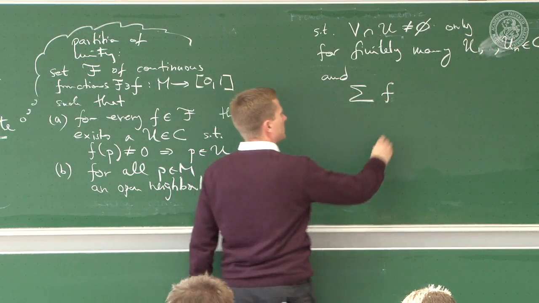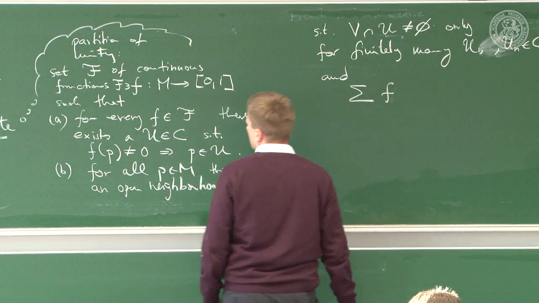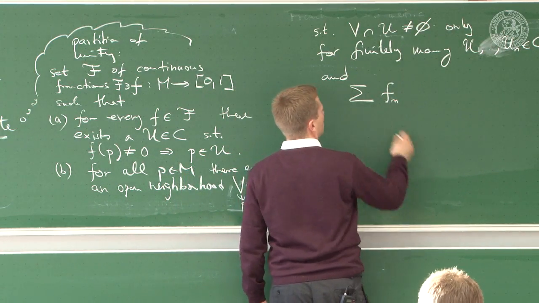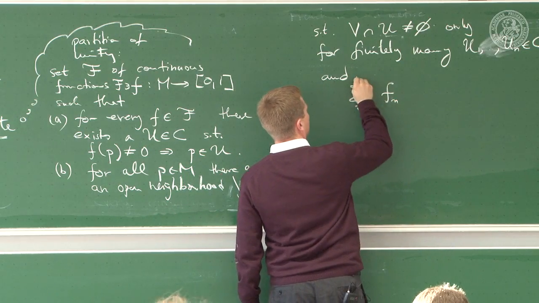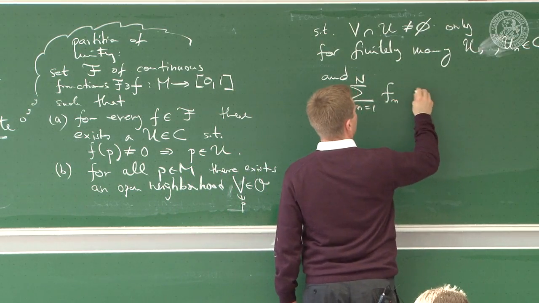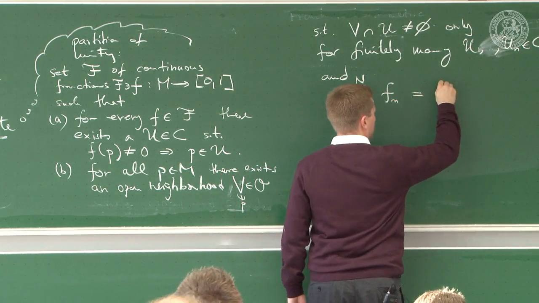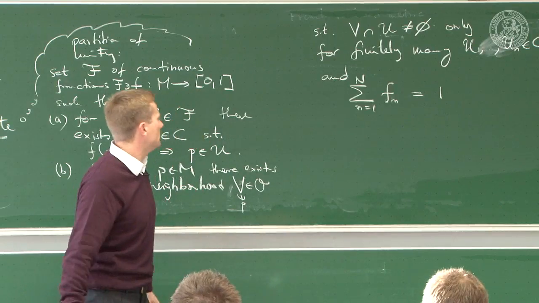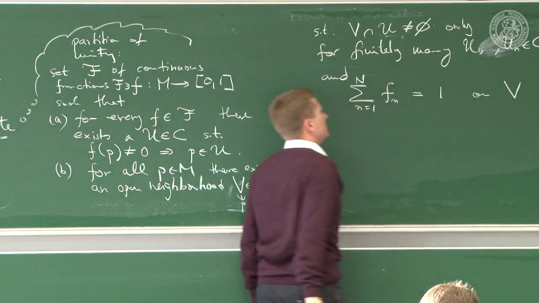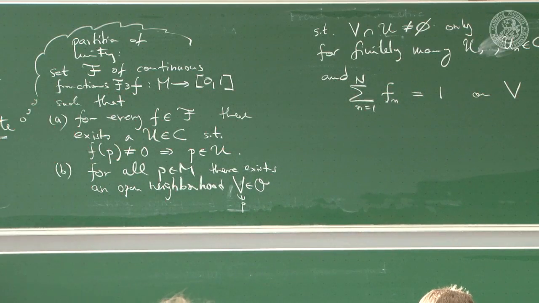Then you can look at the corresponding f_n, and there are only finitely many n, and you require that on V they always sum up to 1. And that's the partition of unity.